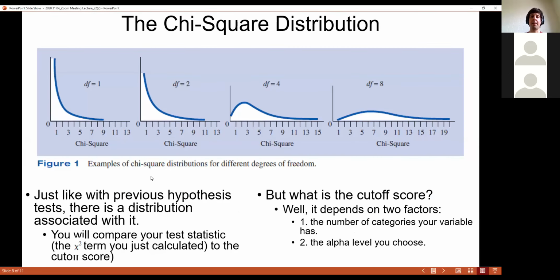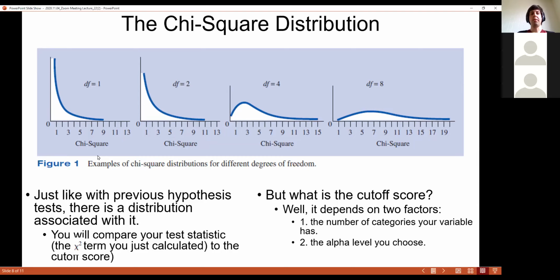Before we get to that, let's consider what the comparison distribution will be. So the comparison distribution is going to be what's called the chi-square distribution. Makes sense because the statistic that we're going to be testing is also called chi-square, so it makes sense that we would be locating a test statistic called chi-square on a distribution of chi-square scores.